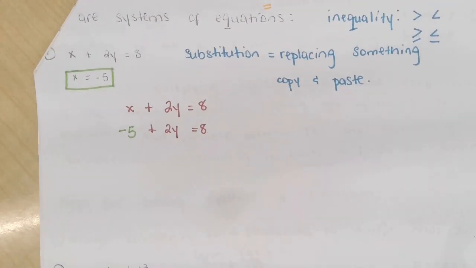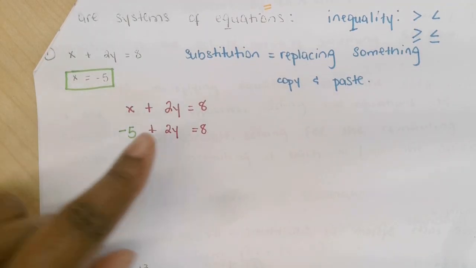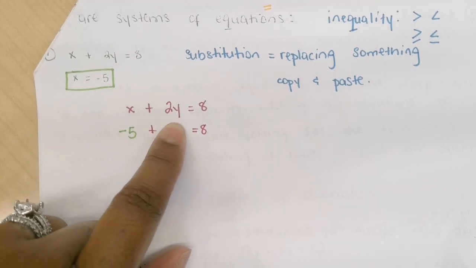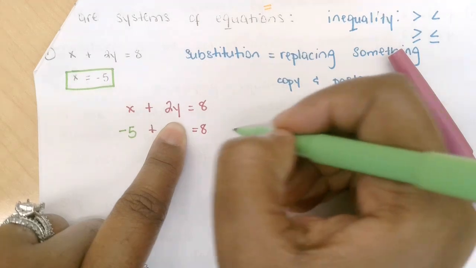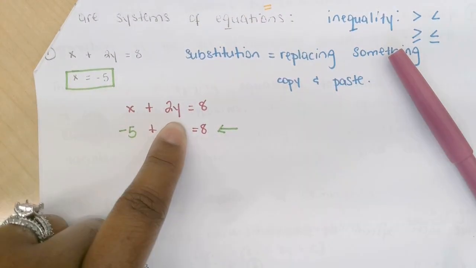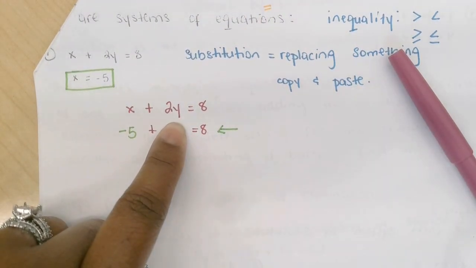Now that I'm here, I am going to ask myself, what can I combine? What can I move? I'm going to cover this y, so this is 2y, and I'm going to ask, do I have any other y's in this row other than the one that I'm covering?